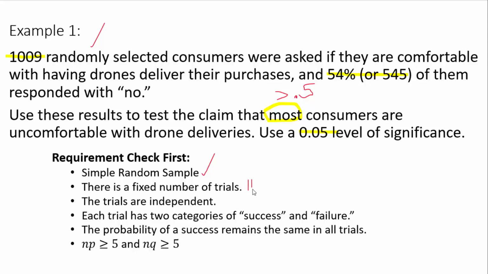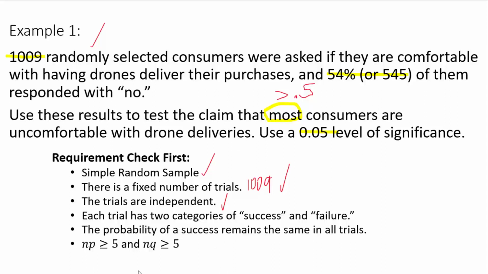So 1,009 is our fixed number of trials. So yes. Are these trials independent? It does not say that particularly, but there is no reason that one person being comfortable or uncomfortable should in any way affect the next person's response. So we can say that these are independent. One outcome does not affect the next.